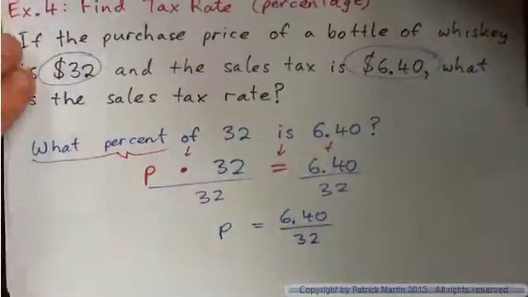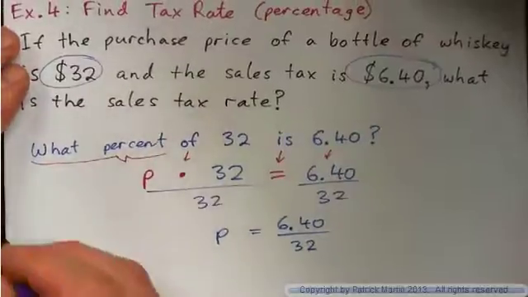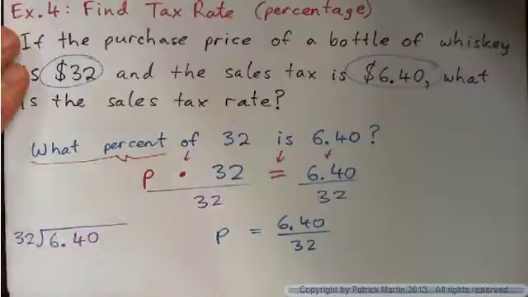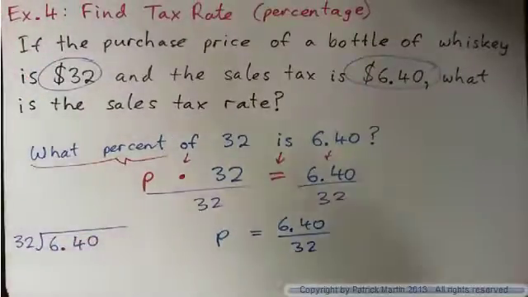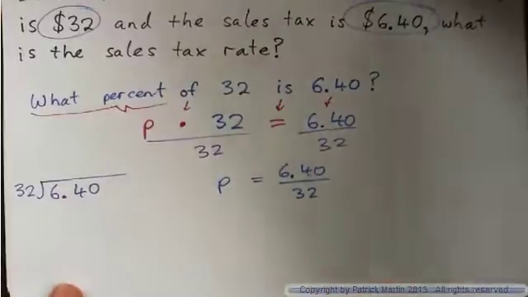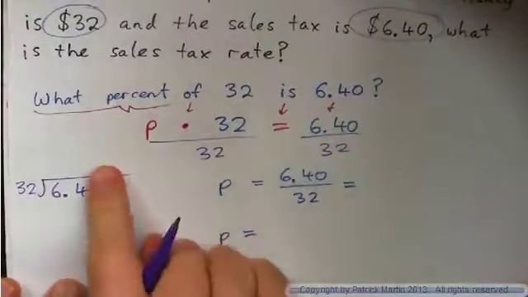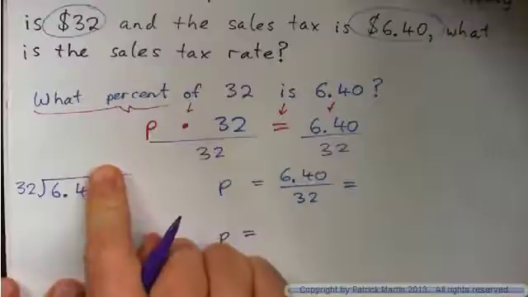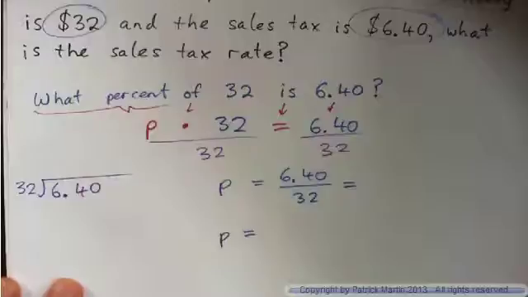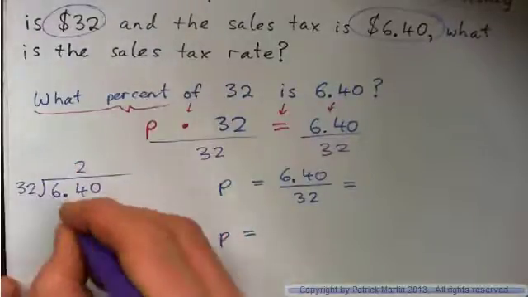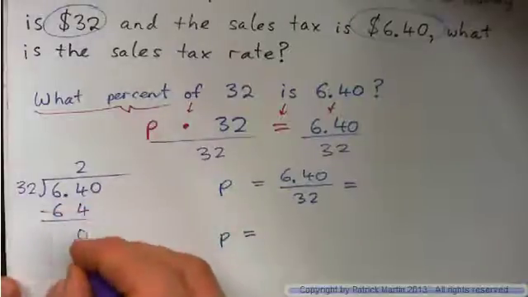So 6.40 over 32, I've got to go 32 into 6.40, don't I? I've got to turn this into a decimal, and then after I get a decimal, I'll turn it into a percentage. So what's 32 into 64? Let's see, twice maybe, right? 2 times 2 is 4, 2 times 3 is 6, subtract, remainder 0.